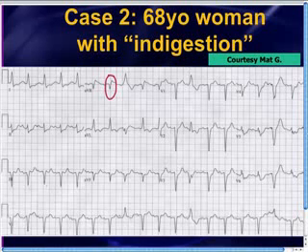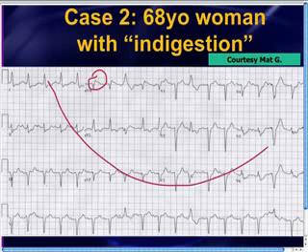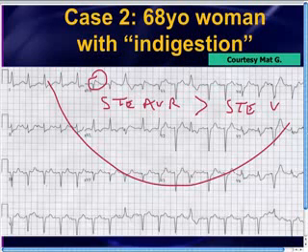There's ST segment elevation in AVR in the presence of a lot of other ST depression. The ST elevation in AVR is greater than the ST segment elevation in V1, right? There's a few millimeters of elevation in AVR and maybe just a couple, maybe 1 millimeter of elevation in lead V1.